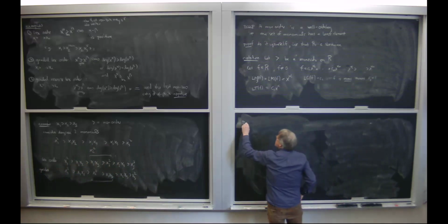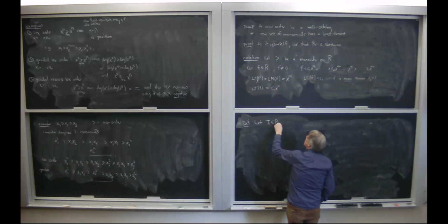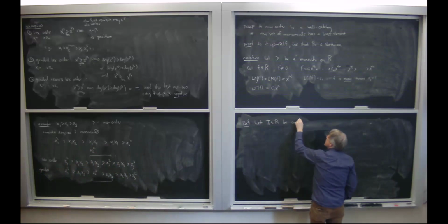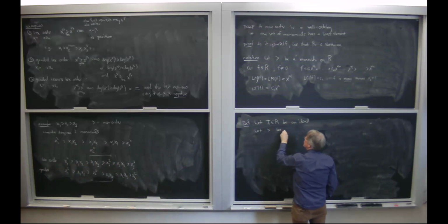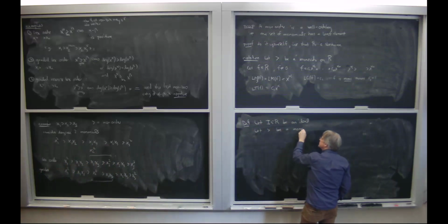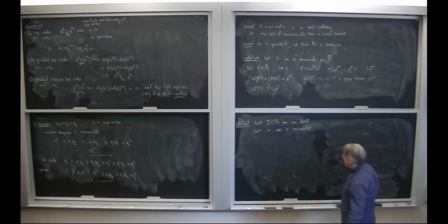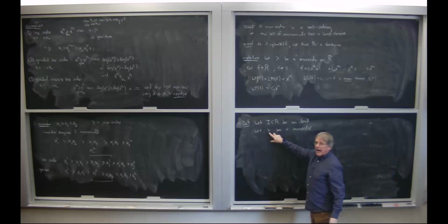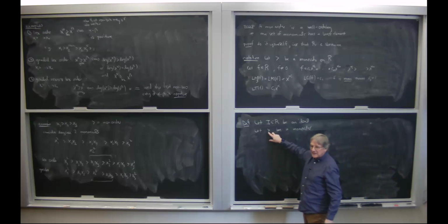So definition: let's let I contained in R be an ideal, and let's let greater than be a monomial order. What I want to know is what all the possible lead terms or lead monomials can be.